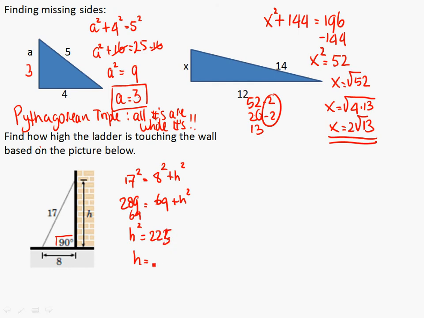So h would be, the square root of that would be what? 15, isn't it? So that happens to be another Pythagorean triple, which I didn't know until I put this one together, and I did it earlier, but sometimes you run into triples without really knowing that they are there. Okay?